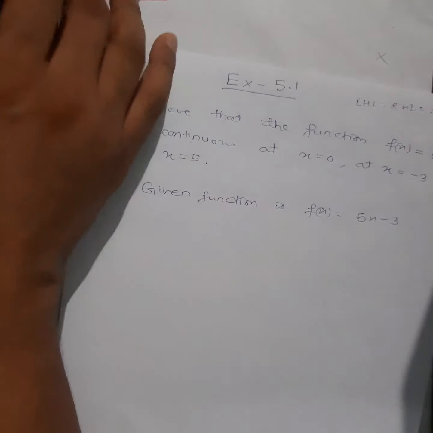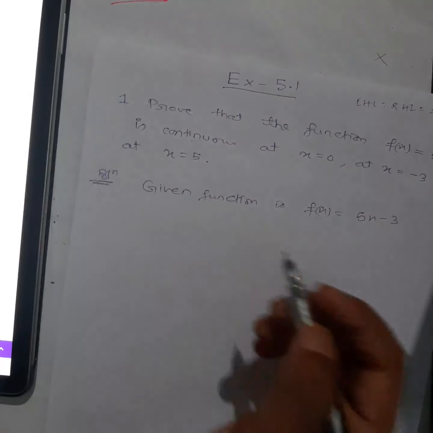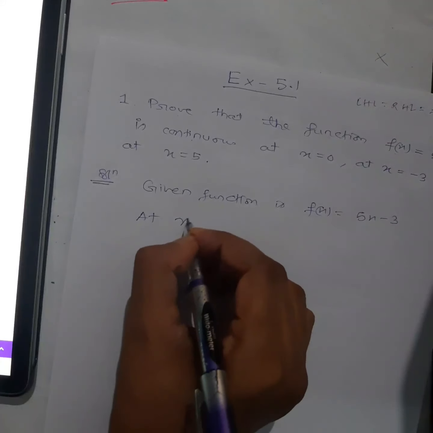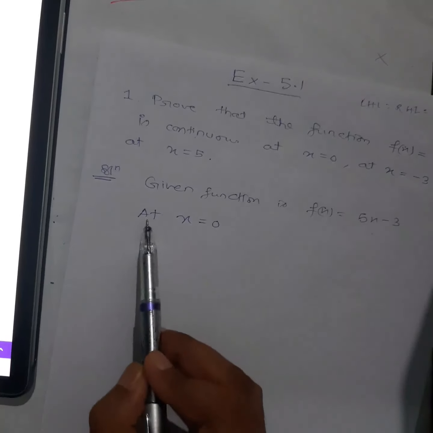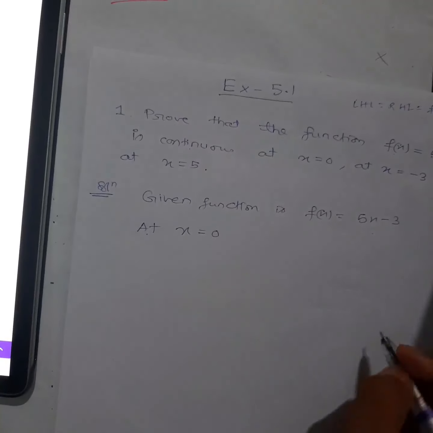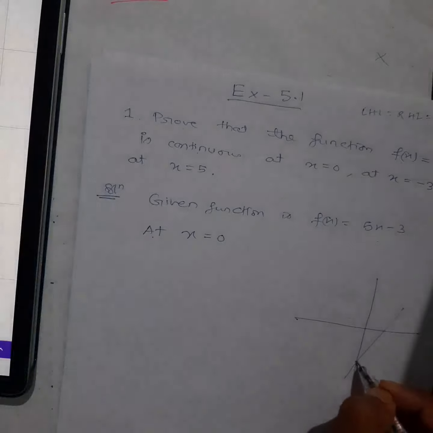Now I already know from the graph that it is continuous, right? So how will I write it in terms of limit? First thing I have to check is whether the function is continuous or not at x equal to 0. So how will I check? The graph you got something like this, right?